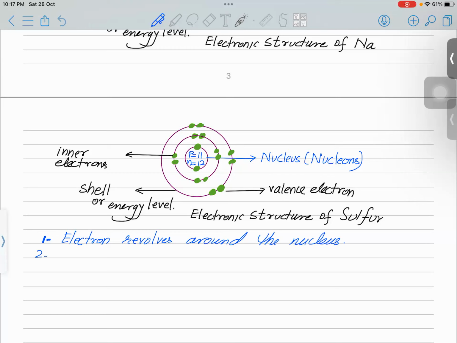Number 2: the first shell contains 2 electrons. The second shell can hold a maximum of 8 electrons.